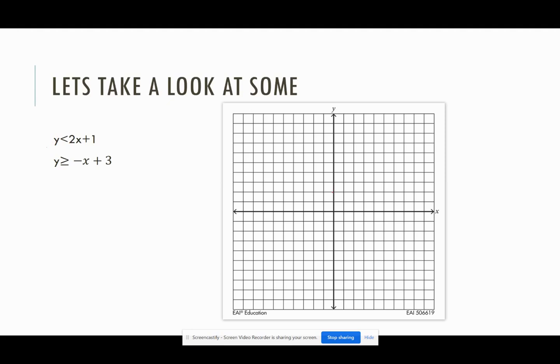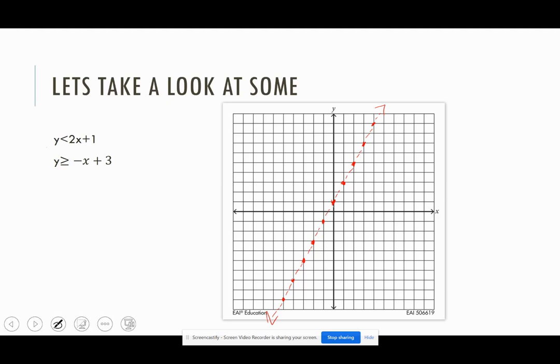So we go up 1, 2 over 1, and so on. For these types of problems with inequalities, you have to continue. And because it's a less than sign, we are going to dash it. All right, now let's graph our next one.